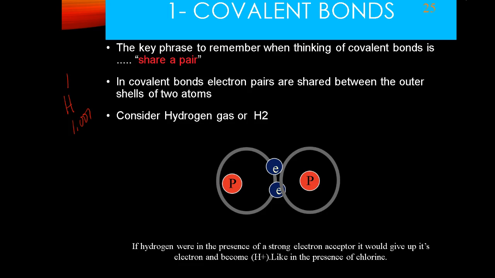So here we go. If we looked at hydrogen gas, H2, we'll see that in making a covalent bond, they are sharing this pair of electrons. And so you can see that these electrons are free to orbit about both nuclei.